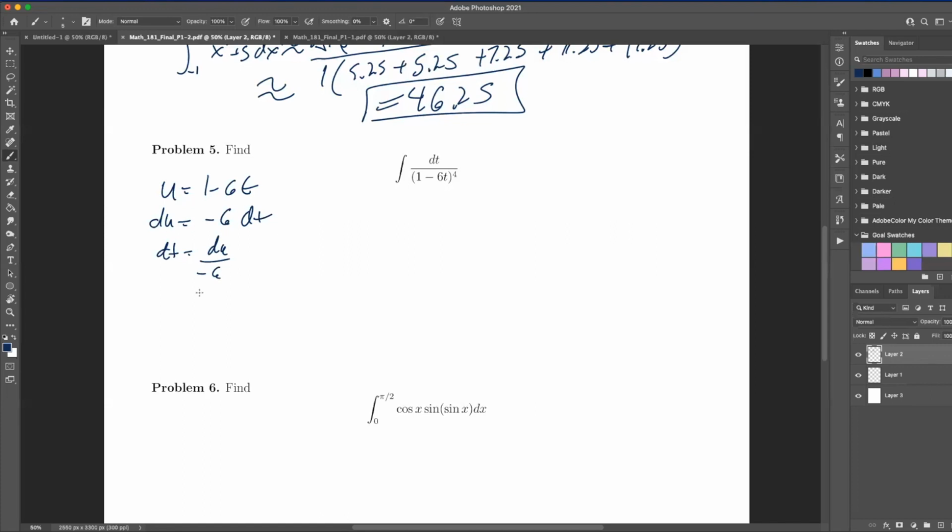And we'll just plug that in. And so we'll have the integral of 1 over u to the 4th du, and then we'll pull out the negative 6 just so we don't have to deal with it. Okay, so this integral equals this.